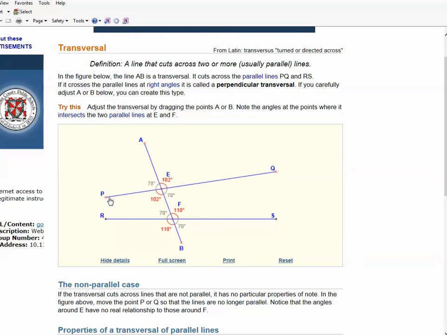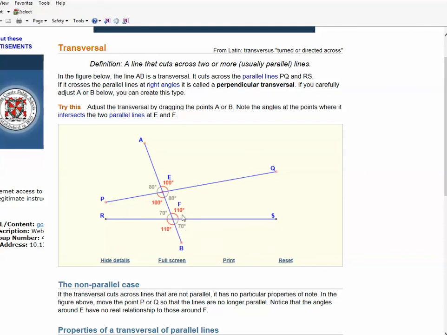Now notice as I do that, only these four angles at the top are changing. However, the vertical angles are still congruent to each other, and the linear pair of angles, the ones next to each other, still add up to 180 degrees. But these four angles at the top are no longer congruent to the four angles at the bottom.